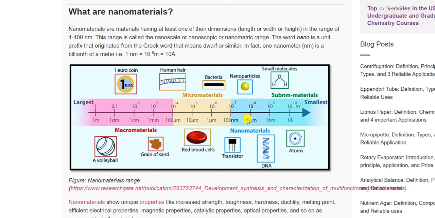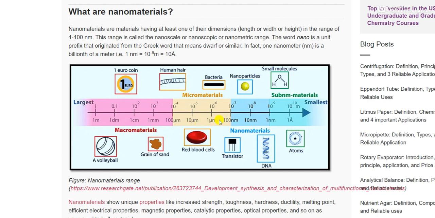Okay, so this picture also shows all the other common materials which we come across. For example, a volleyball, you know the size range. Here again we know the size of red blood cells. It is typically around 10 micrometer.